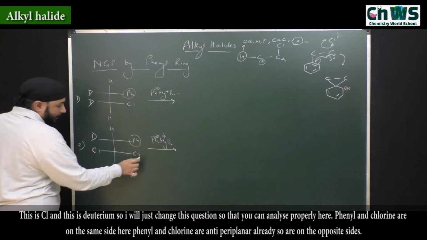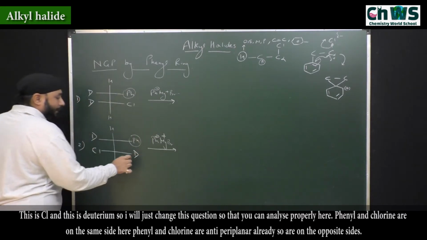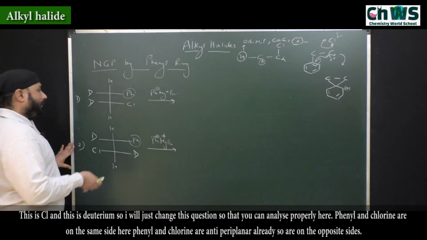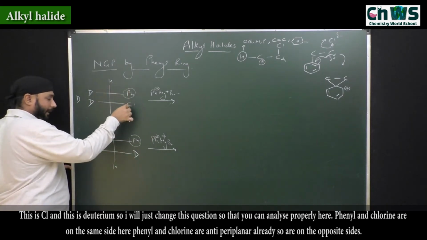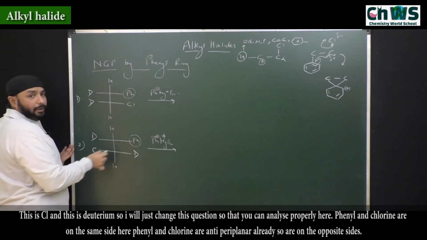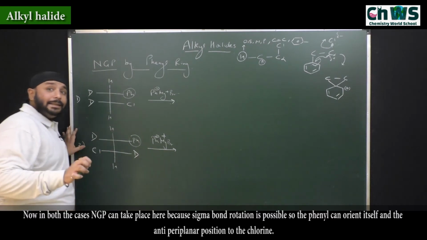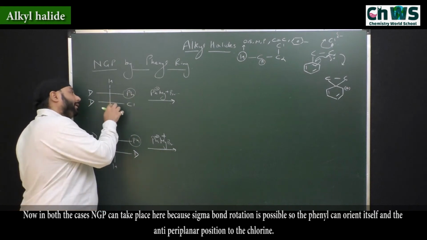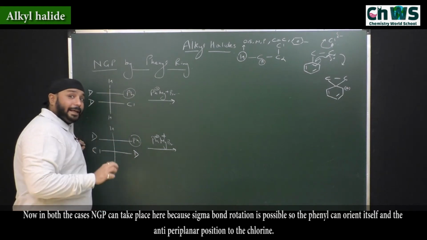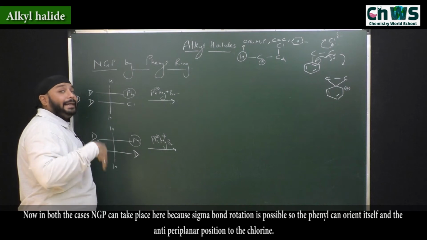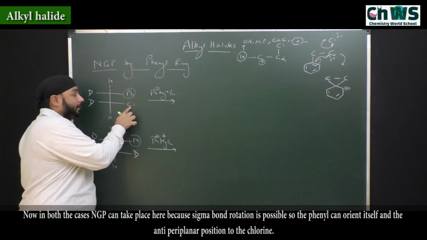Now this is Cl and this is deuterium. So I have just changed this question so that you can analyze it properly. Here phenyl and chlorine are on the same side. Here phenyl and chlorine are already anti-periplanar, on opposite sides. Now in both the cases NGP can take place because sigma bond rotation is possible. The phenyl can orient itself in the anti-periplanar position to that chlorine.